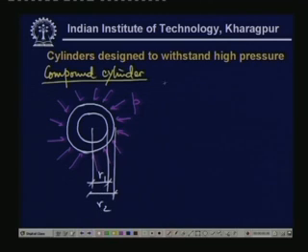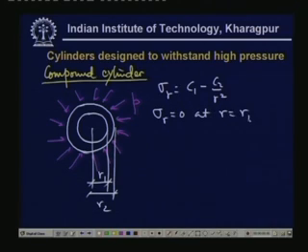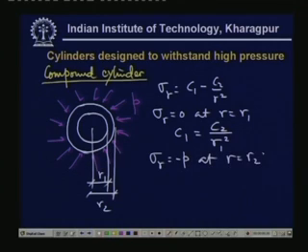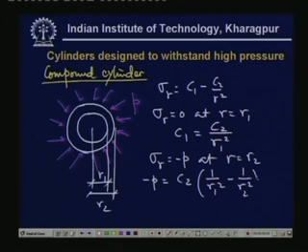So, the Lame's equation is sigma R is C1 minus C2 by R square, and the boundary conditions are that sigma R equal to 0 at R equal to R1, which gives C1 equal to C2 by R1 square, and sigma R equal to minus P at R equal to R2. So, therefore, minus P is equal to C2 times 1 upon R1 square minus 1 upon R2 square.